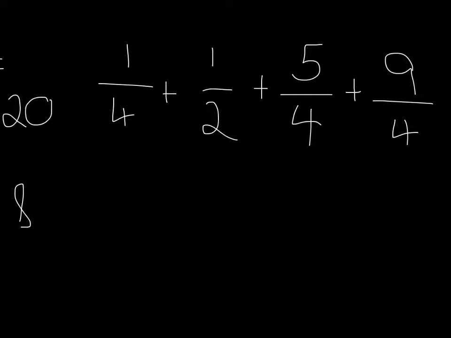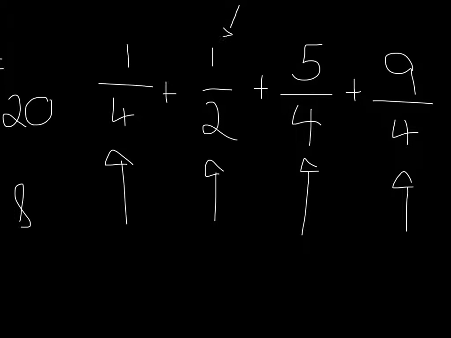Find a common denominator for all your denominators, and remember to change the numerator if you change the denominator. Multiply it by the same number. As many of you can see already, our common denominator is probably going to be 4. Add them all up. If it's an improper fraction, change it to a mixed number, and that will be your answer.